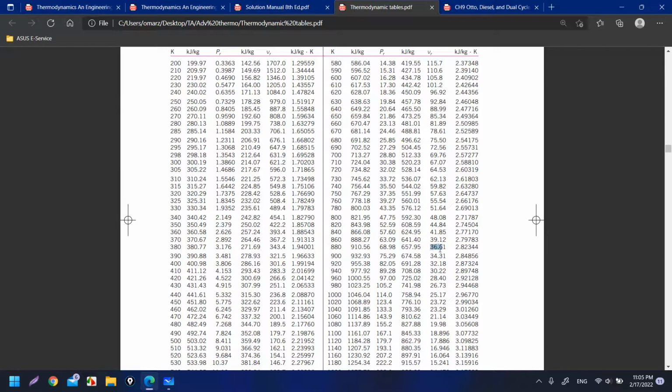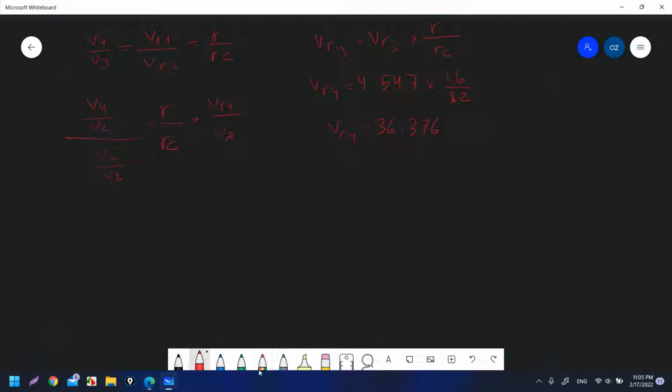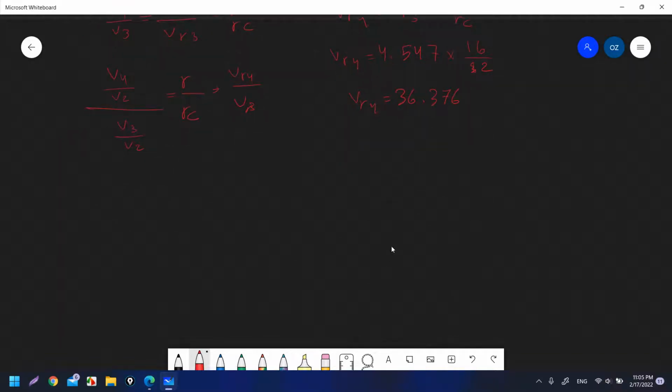It is near to this one, you can approximate, but to be accurate we will do interpolation, and I will find u. So u4 over 657.95, 674.58, and this one is 36.61, 36.376, and 34.31.